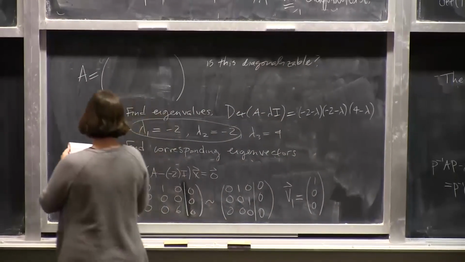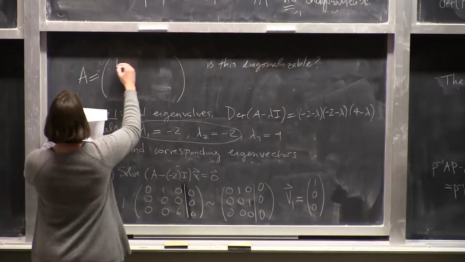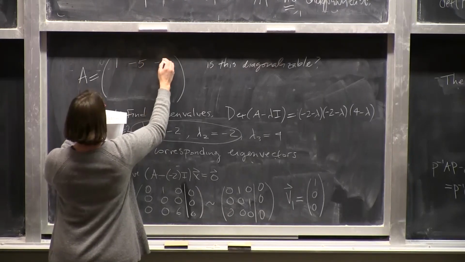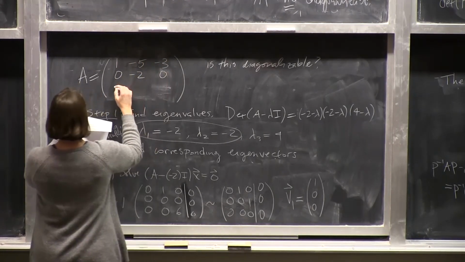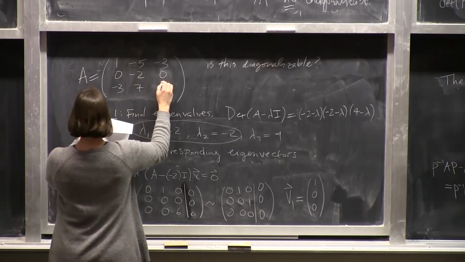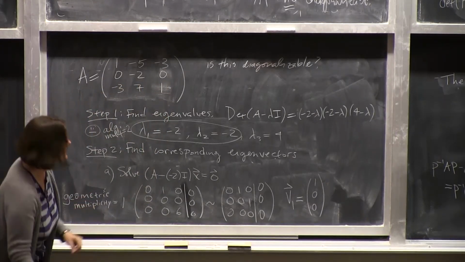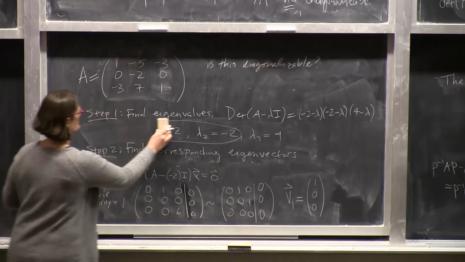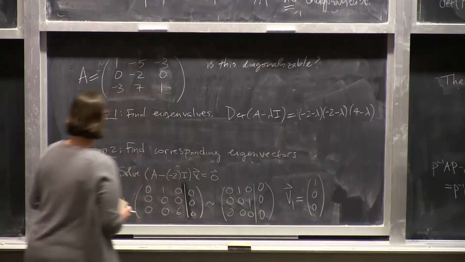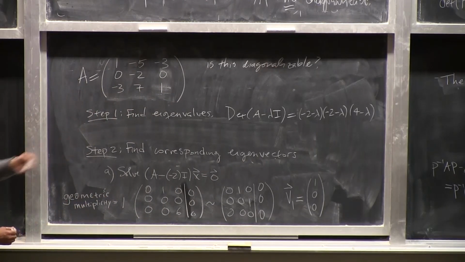So the matrix is 1, minus 5, minus 3; 0, minus 2, 0; minus 3, 7, 1. Is this diagonalizable? Step 1, find the eigenvalues.